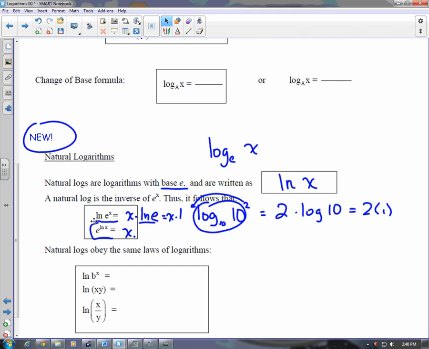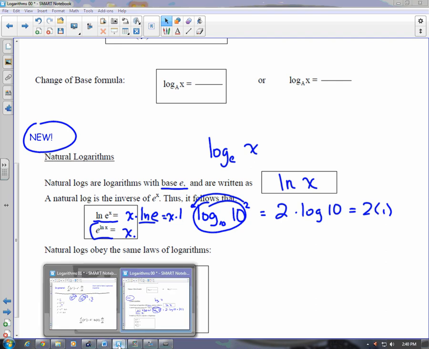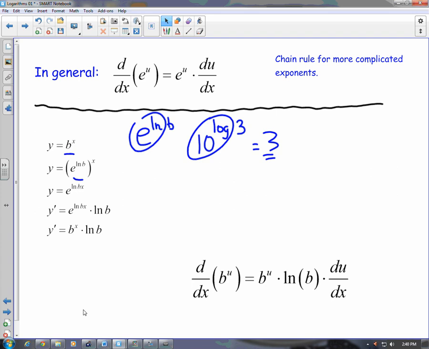Now, where we're going with that, remember, is back to looking at the derivative of the exponential function with any base. So we replace this b with e to the natural log of b, all to the power of x.